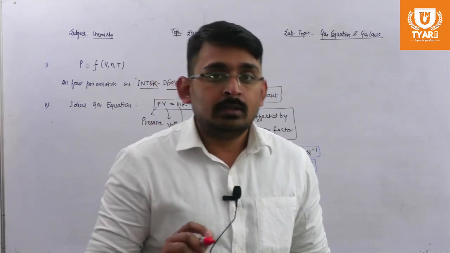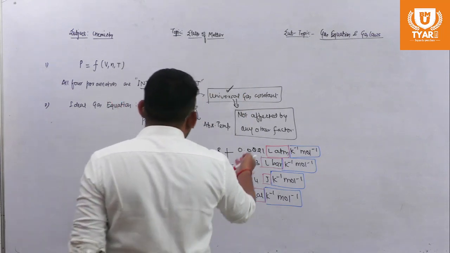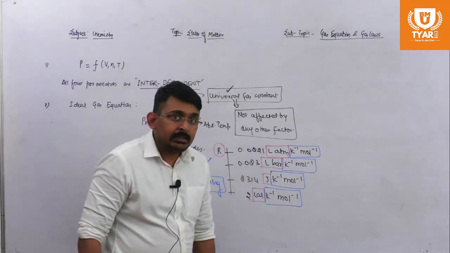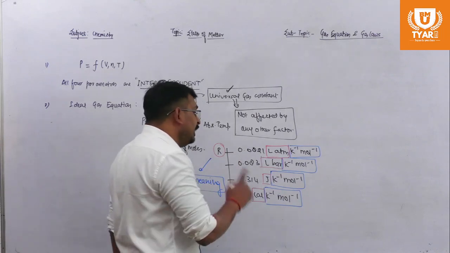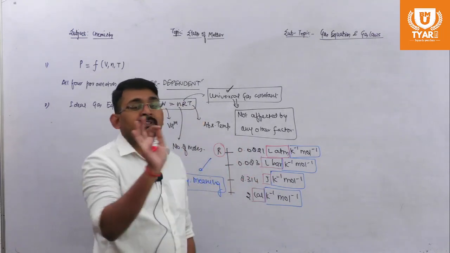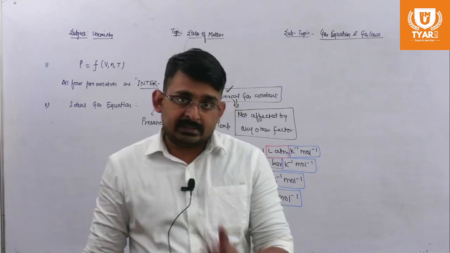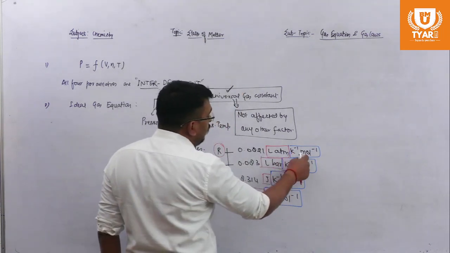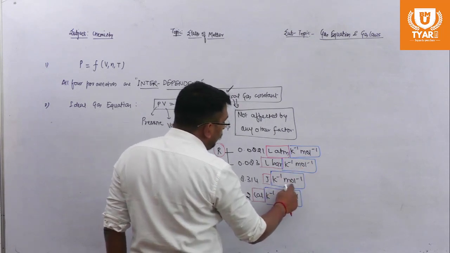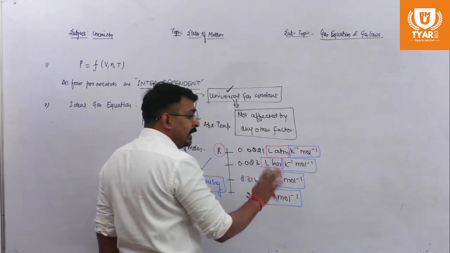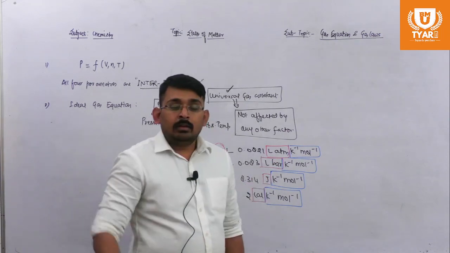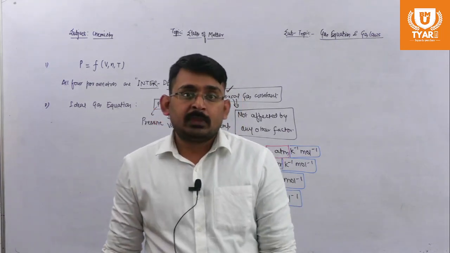If all these values represent the same physical quantity, they must have the same dimension. Yes or no? Yes. Since per Kelvin per mole is common, liter atm, liter bar, joule and calorie must have equal dimension.